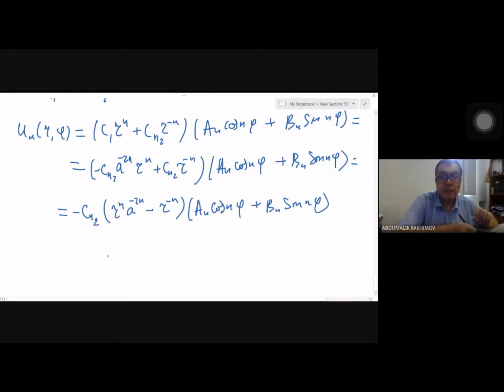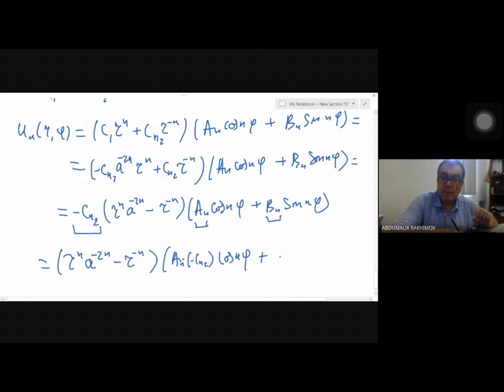So I can bring this one inside here. If I bring it here, this first function Rn a power minus 2n minus R minus n, times an times minus Cn2 cosine n phi plus bn minus Cn2 sine n phi.